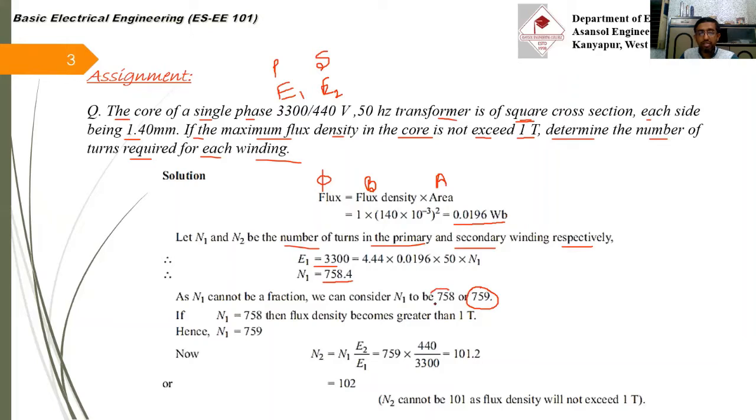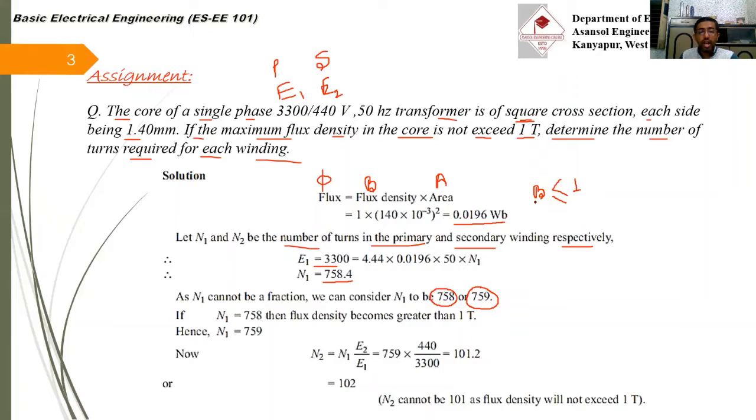759 or 758. Here one relation is given. The relation is that the maximum flux density in the core does not exceed 1 Tesla. That means this maximum value is 1 Tesla. So if the turn is 758, then the B value will be more than 1.